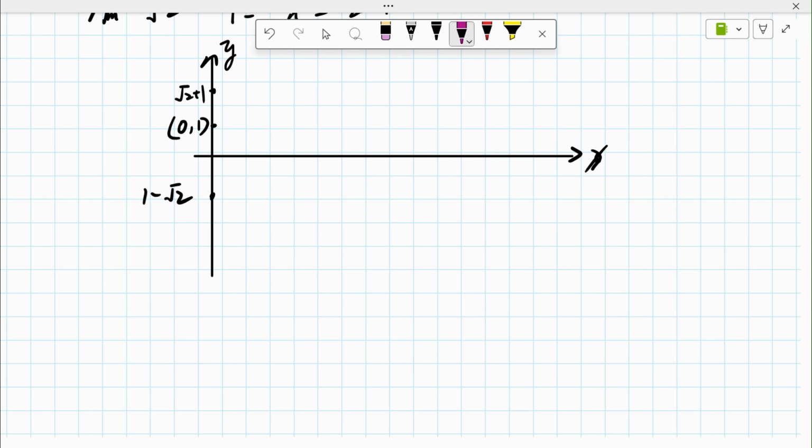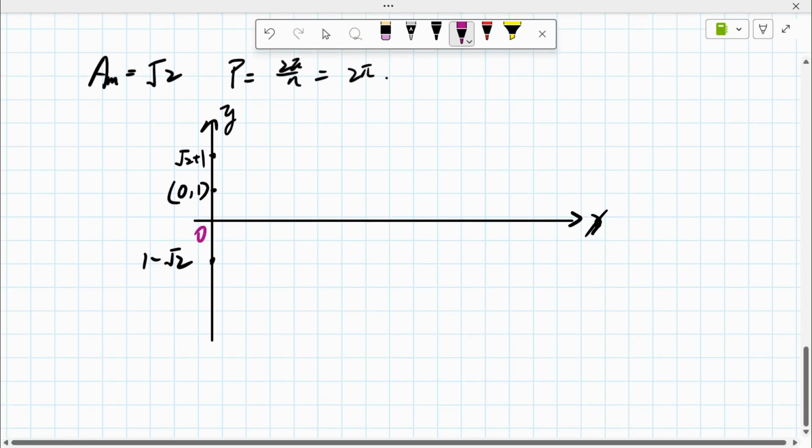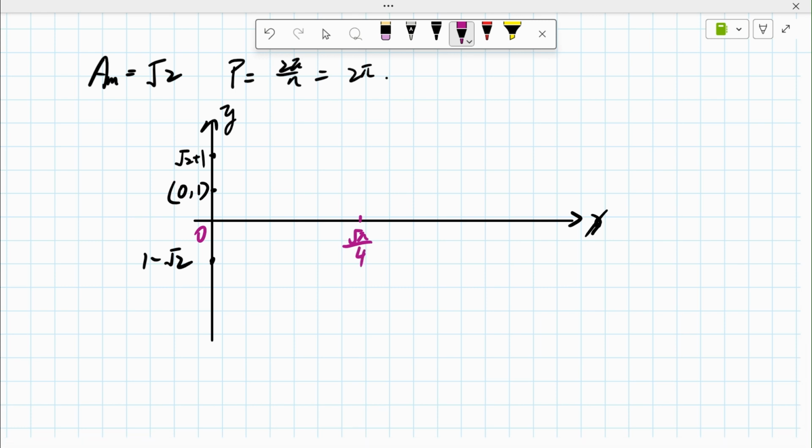So now what we're going to do is graph this. We're going to start at 0. These are some very important points: 5 pi on 4 and 7 pi on 4, and 2 pi.